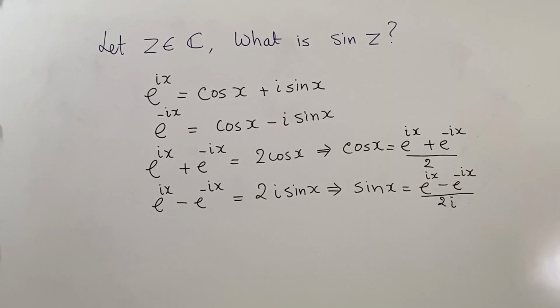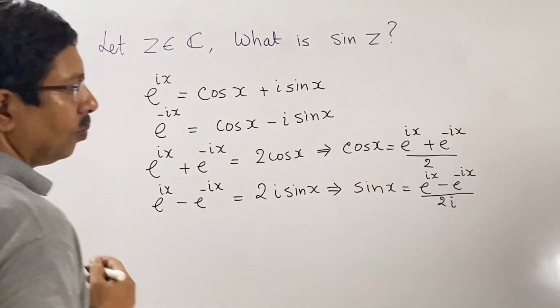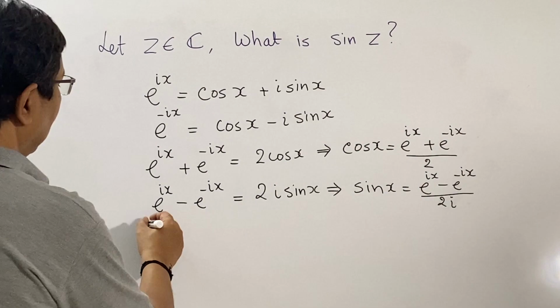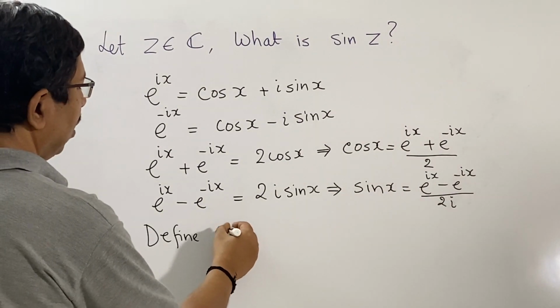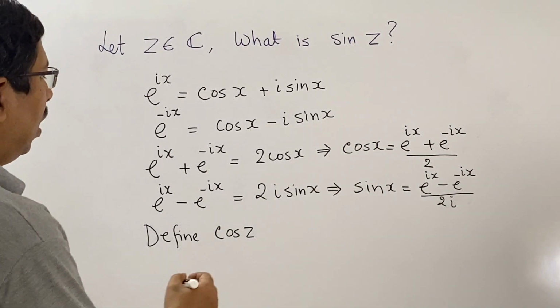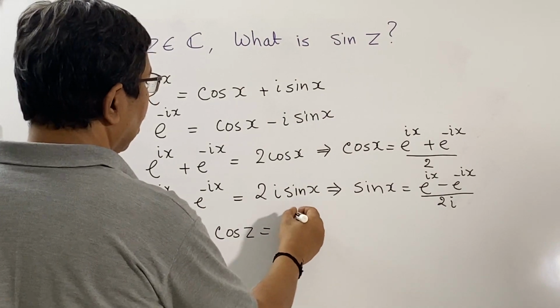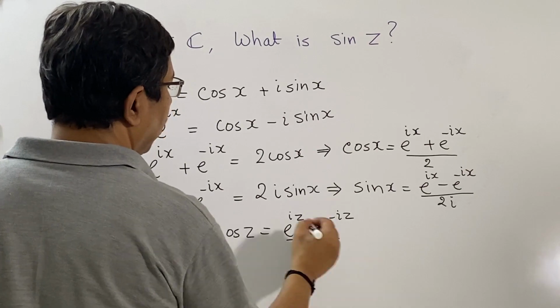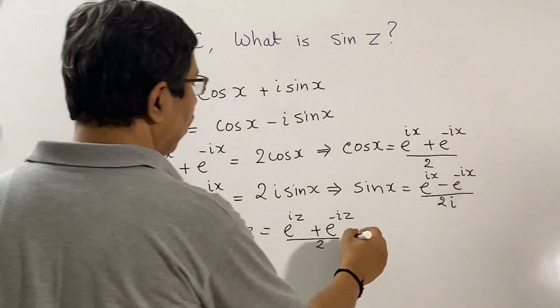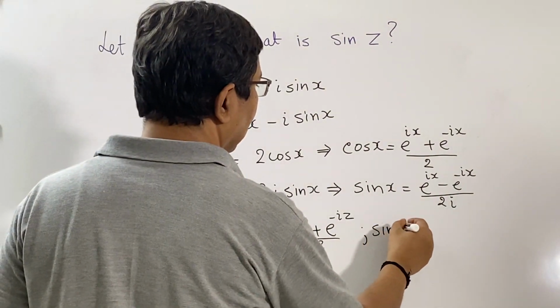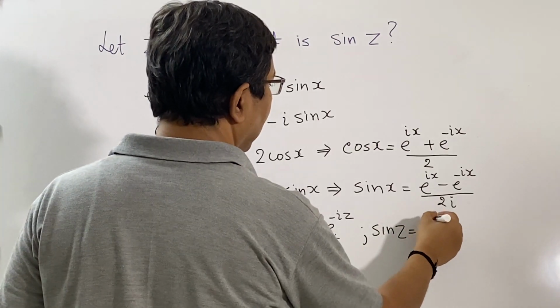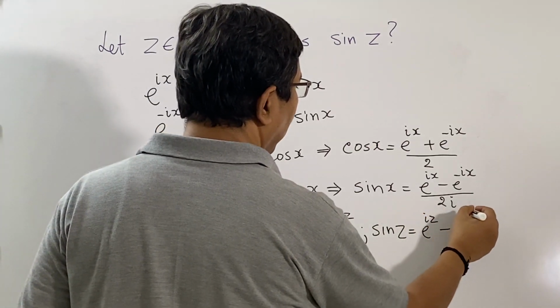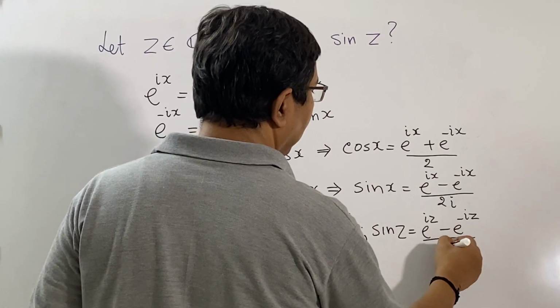Now when we are trying to define sin z or cos z, we will be extending this notion. So we will define cos of z as e to the power iz plus e to the power minus iz divided by 2, and sin of z as e to the power iz minus e to the power minus iz by 2i.